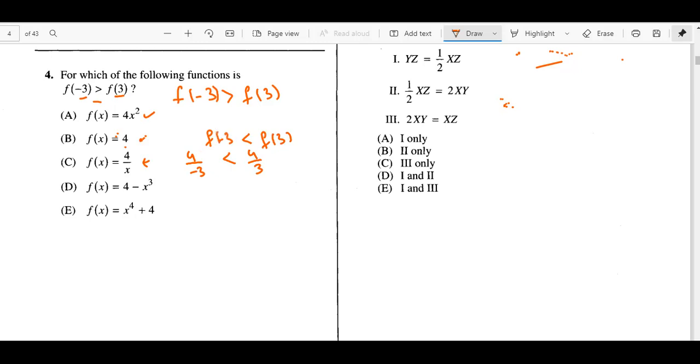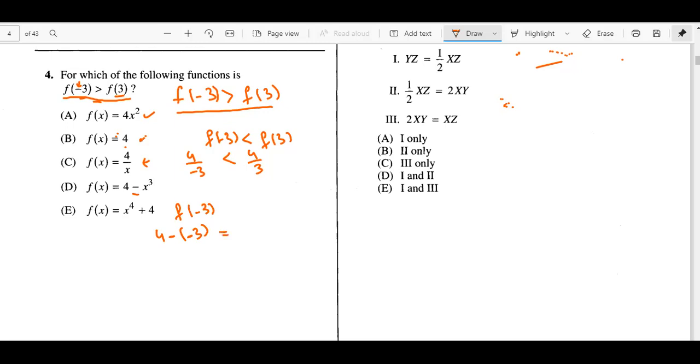But in the question, we want this. So if we think about D option, which I told you initially would have something to do with the minus sign, because this is only possible if this minus and some other minus are being multiplied to get positive, right? So if we think of this, 4 minus minus 3, this is f of minus 3.